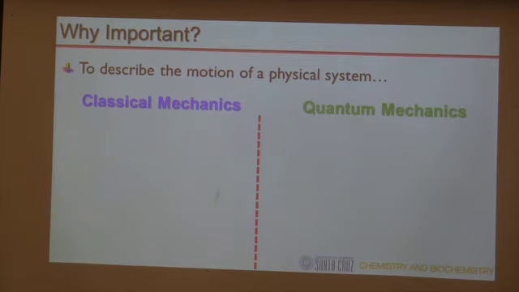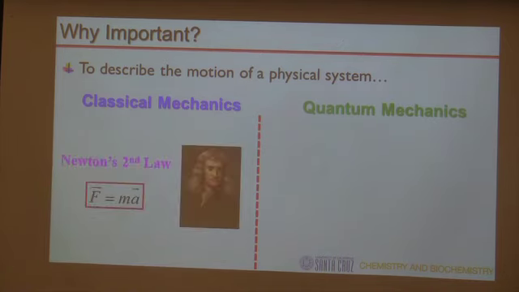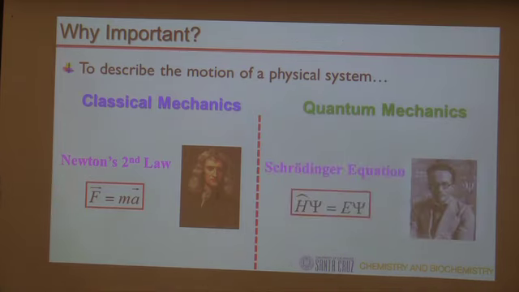In physics, you learn Newton's law, right? Newton's second law, to be specific, talks about acceleration, about the motion. But in quantum mechanics, we know Newton's law does not apply to the microscopic world. So instead, that's why we learn the Schrödinger equation. We use the Schrödinger equation to describe the motion.